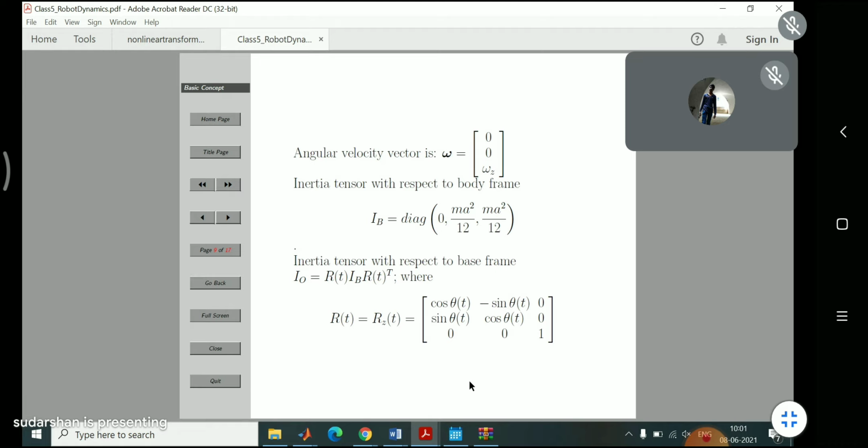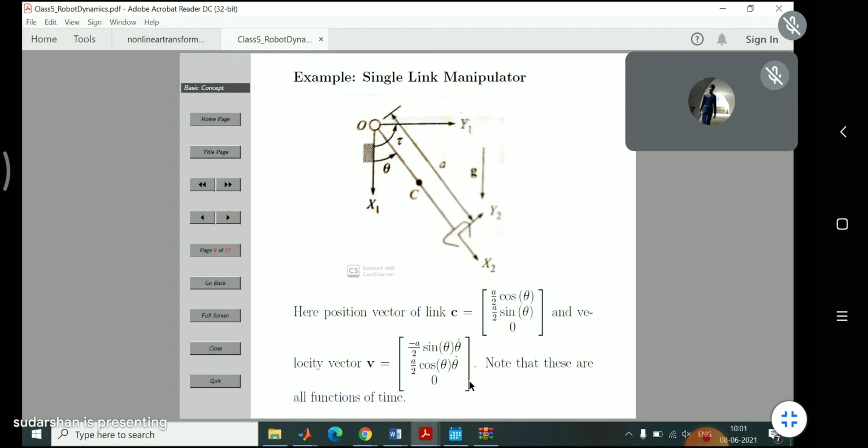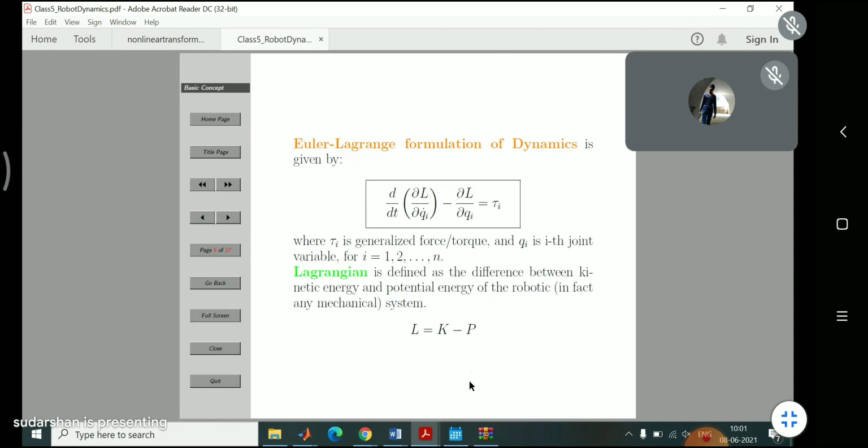Any question? So what is our goal here? The goal is to obtain the Lagrangian, that is kinetic energy minus potential energy.